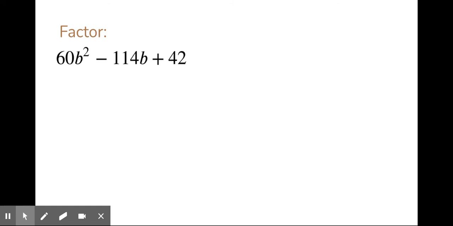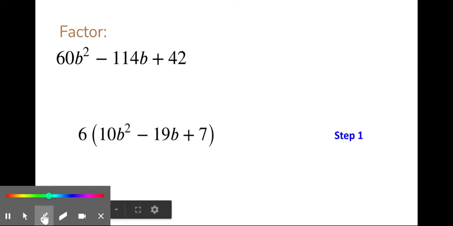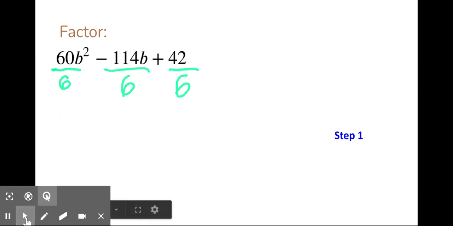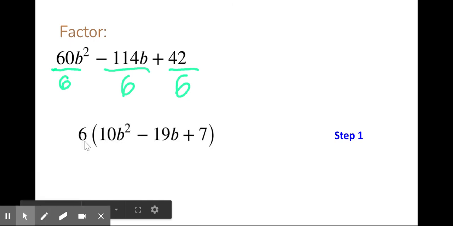I see that 2 goes into all three of them. 3 goes into all three, but it looks like the largest number that goes into all three is 6. So I'm going to divide all of them by 6. Again, if you don't know how to figure it out, just find the largest number from 1 to 10 that goes into all three terms. And then we pull out our 6.